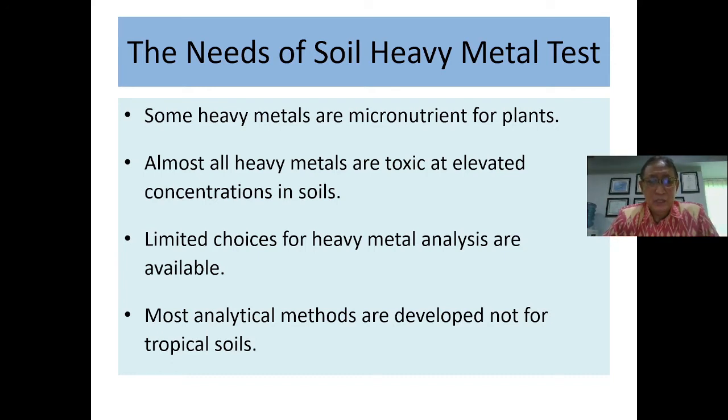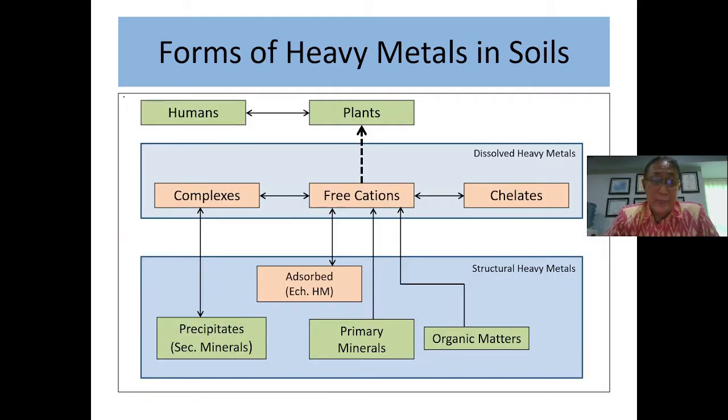However, there are limited choices for heavy metal analysis, and most of the available analytical methods were developed not for tropical soil. As you know, we have heavy metal in different forms in the soil system.